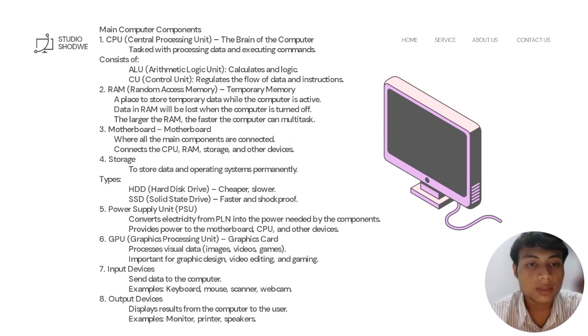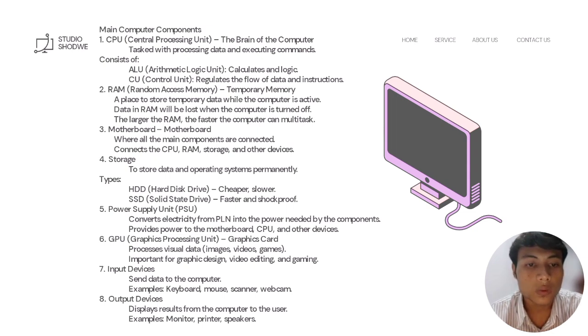RAM, random access memory, temporary memory, a place to store temporary data while the computer is active. Data in RAM will be lost when the computer is turned off. The larger the RAM, the faster the computer can multitask.